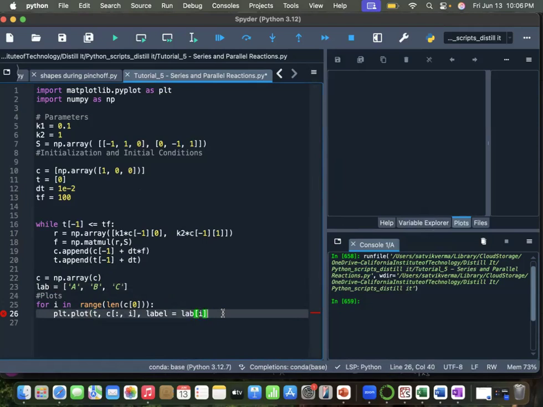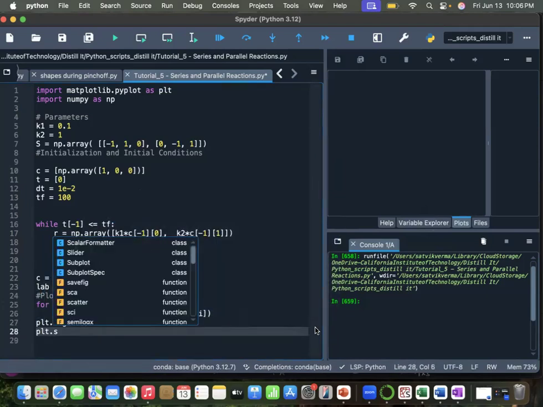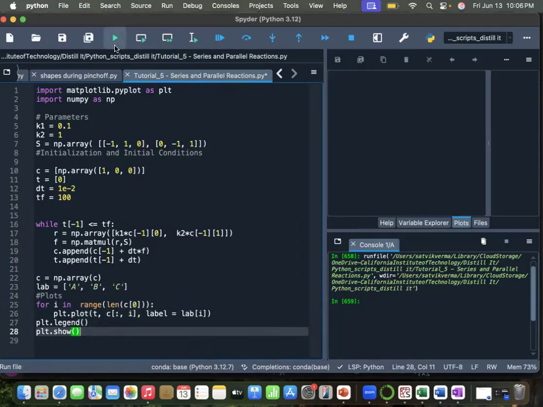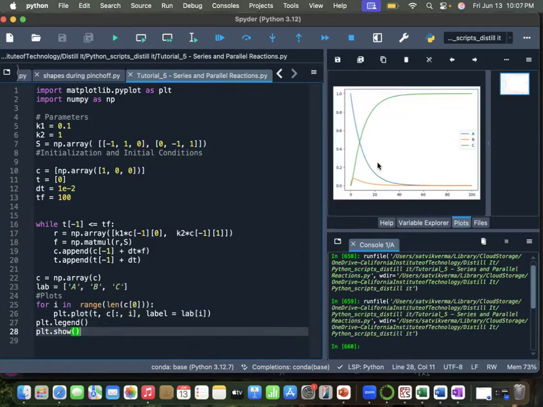So that would actually consider this as the label. And finally, plt.legend and show, right? So we can do this, and we've got this result over here.